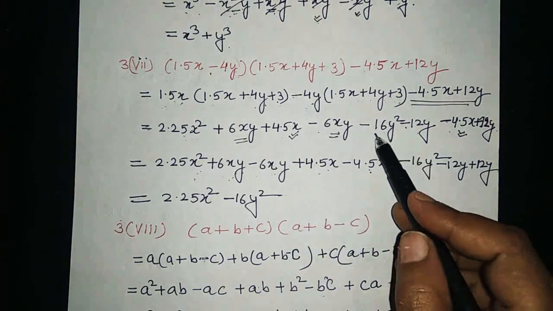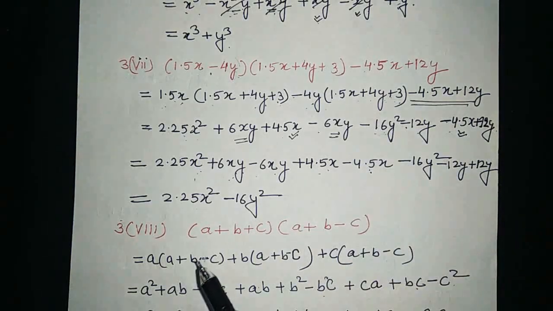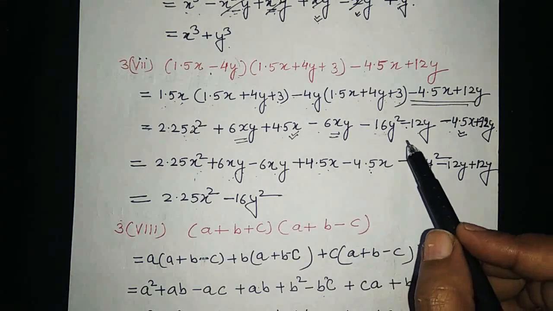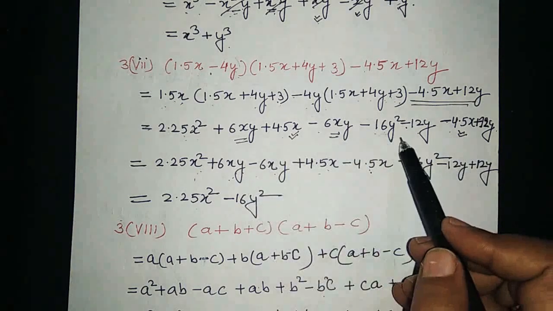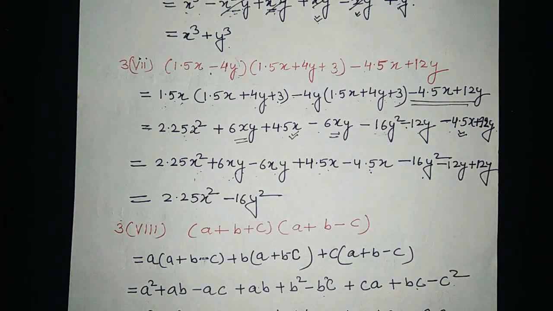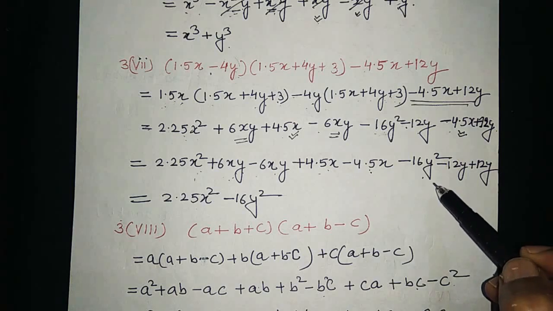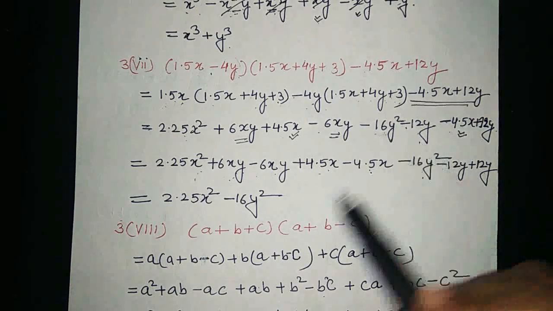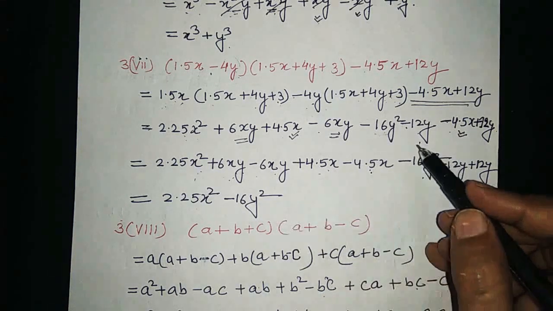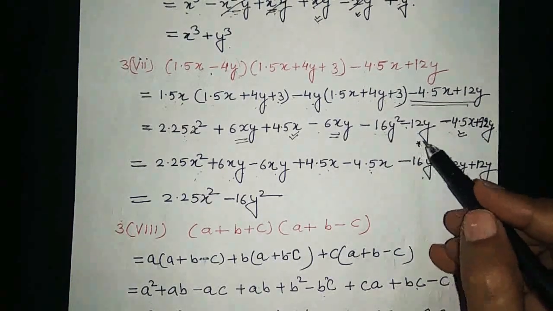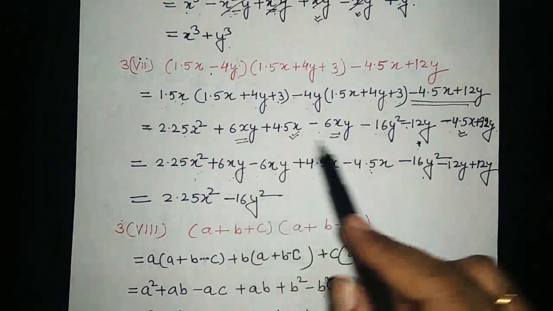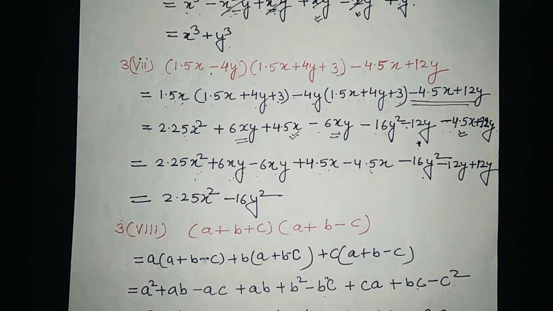Now minus 16y square, we can write here minus 16y square, and we are not getting any like term like y square. So after this we will write this minus 12y, and we will search for a like term of this kind.